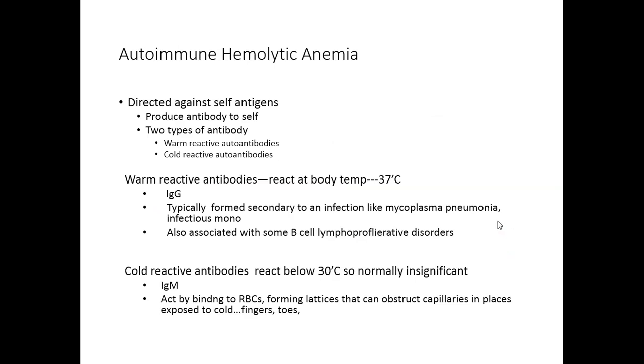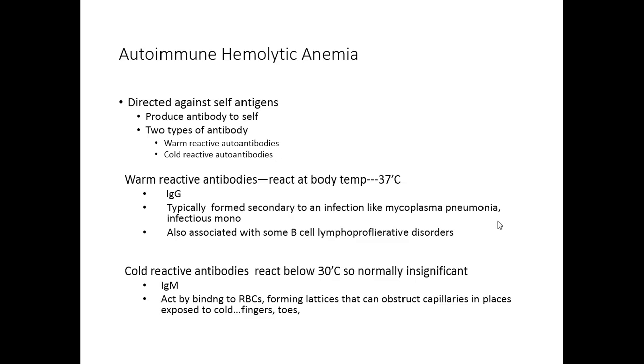Autoimmune hemolytic anemias are the next classification of type 2 hypersensitivity reactions. And this is a type of anemia that is directed against self-antigens. You produce antibody to yourself. It's autoimmune.